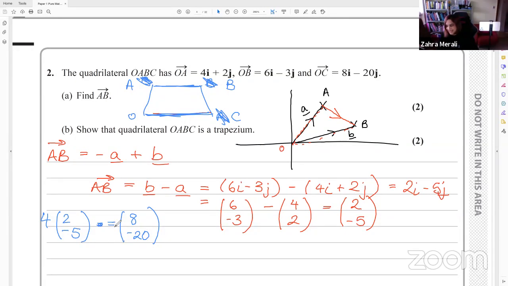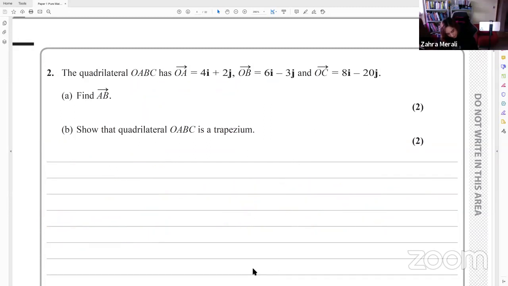So if we write out the solution in full, what we would say is that OC is parallel to AB. And why is that?